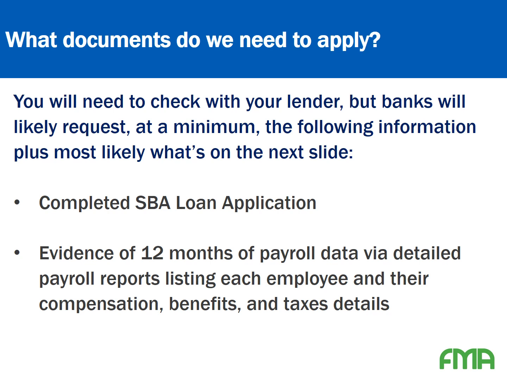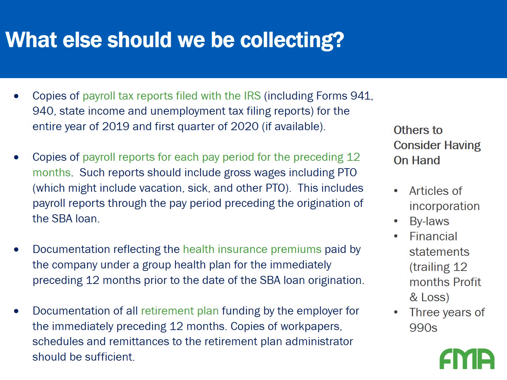Keep in mind that if your health benefits fall under a separate payroll report than what you're able to get out of your core payroll system, you will need to also provide those along with your retirement backup. You'll see a little bit more detail on this slide in terms of exactly what forms are necessary. But as we just mentioned, healthcare premium backup, retirement plan backup, and those payroll reports.